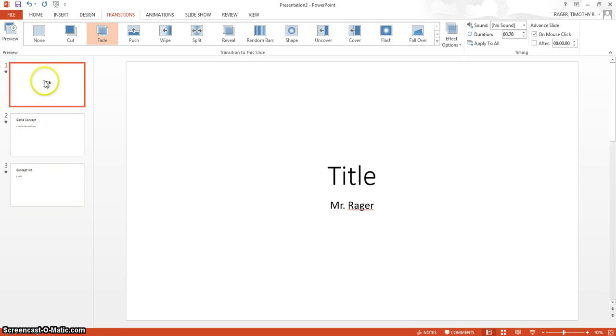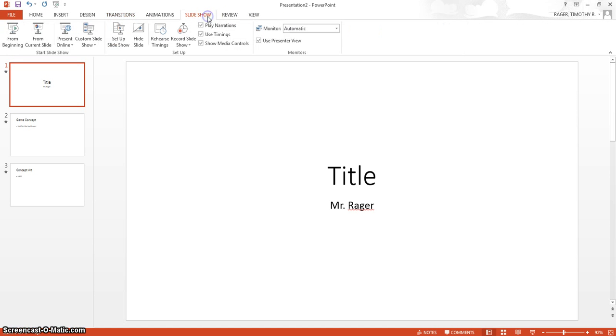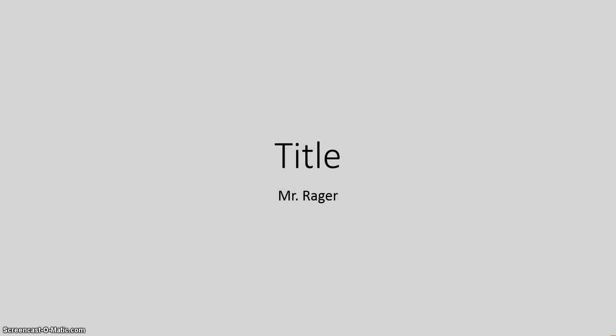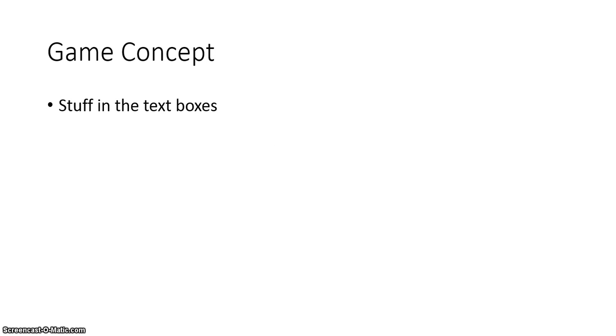Okay, so if we start up at number 1 and we do our slideshow, click on that slideshow tab and then choosing from beginning over here on the left, then it will show the different slides. When you click the mouse, they'll fade in between the different slides, and that's a transition.